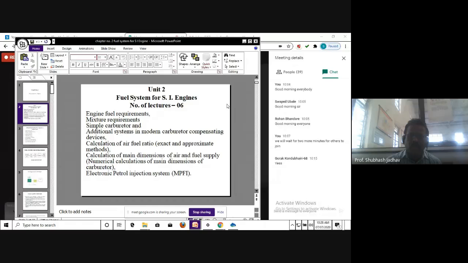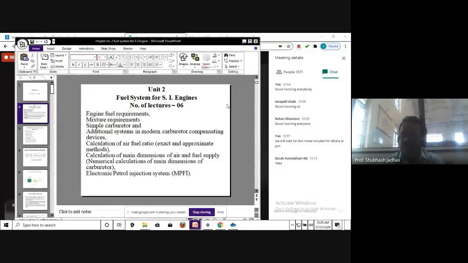When we supply it to the engine, it is in the form of a proper air fuel ratio. So what does a proper air fuel ratio mean? This comes under the mixture requirements. The mixture has to be prepared in a certain manner. It has to satisfy some requirements.